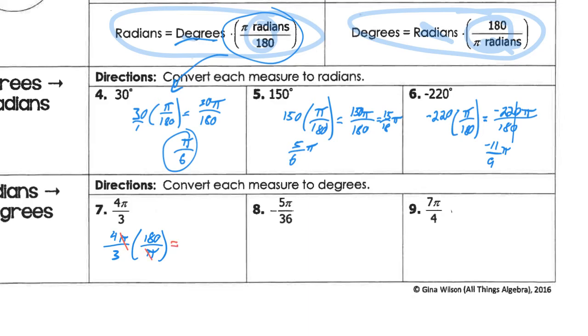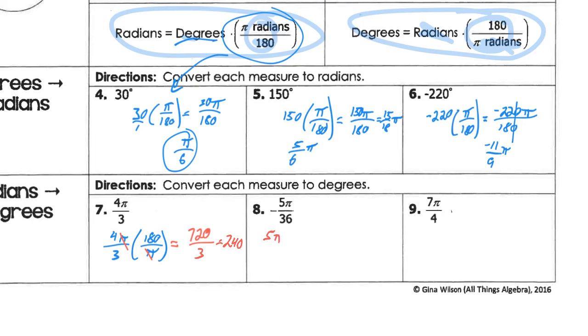Right, and then I'm going to have 4 times 180 on the top. So that's going to be 720 over 3 on the bottom. So 720 divided by 3 is going to leave me with 240. So 240 degrees.